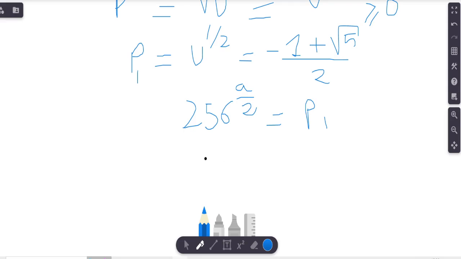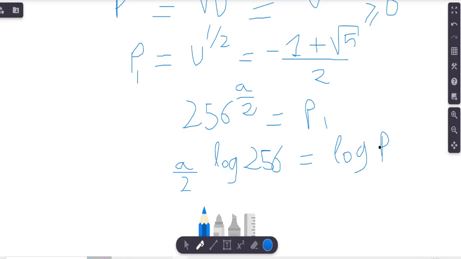By using the property of log, we have a divided by 2 times log of 256 equals log of P1.